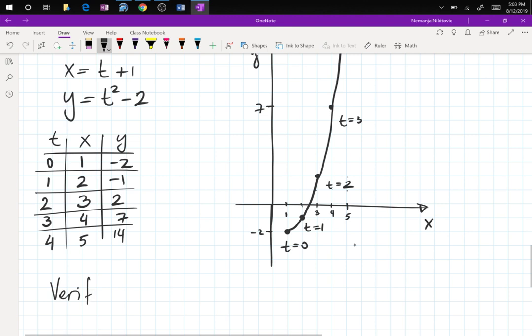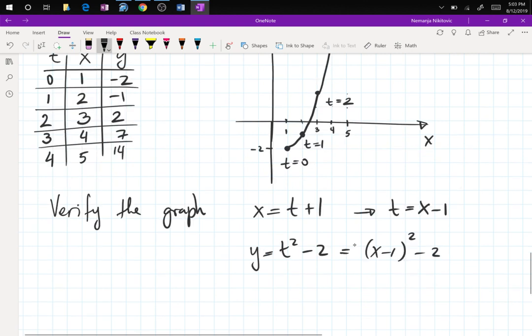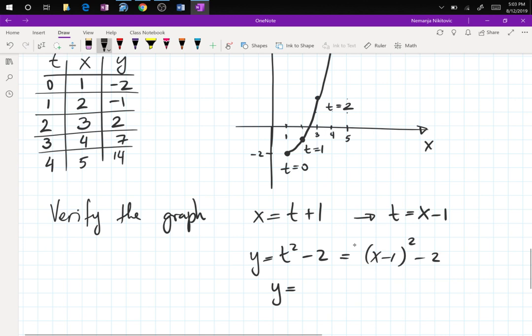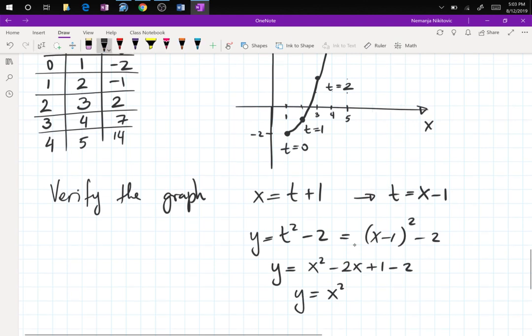So, verify the graph by writing x equals t plus 1, from where t is x minus 1. Now plug that into y equals t squared minus 2, which is, instead of t, I have x minus 1 squared minus 2, and that's equal to y equals x squared minus 2x plus 1 minus 2, y equals x squared minus 2x minus 1.